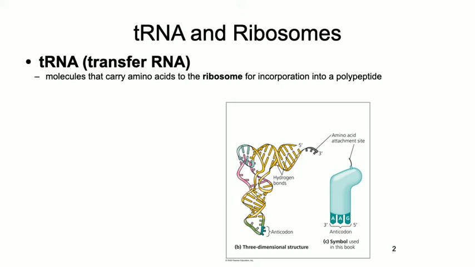These tRNA molecules work very similarly because they are made of nucleotides, so they know the nucleotide language, and they can read specific sections of nucleotides based on the anticodon section. I'll show you how that happens in a minute.